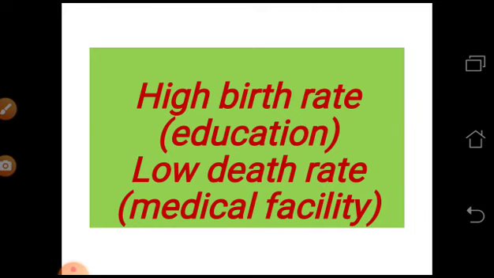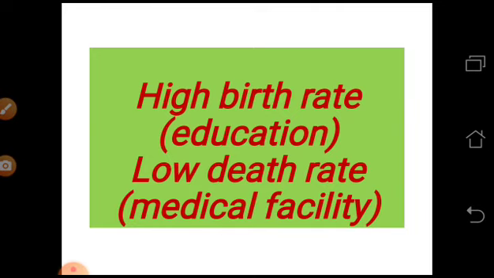Let us see first the low death rate. Why low death rate? Because society can avail all the medical facilities very fast, but it takes time to educate and make people aware, to bring down the birth rate. Unless people are educated and aware, it is very difficult to bring down the birth rate. That is why the birth rate remains high, whereas if you apply advanced medical facilities, people can avail them and the death rate will be reduced.